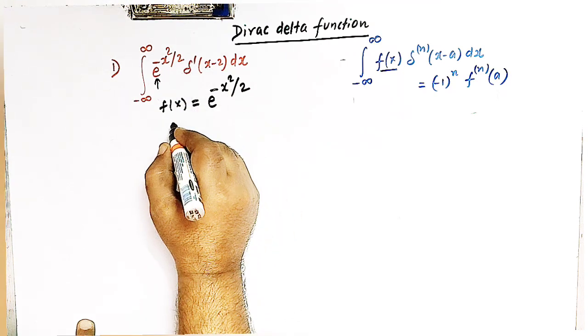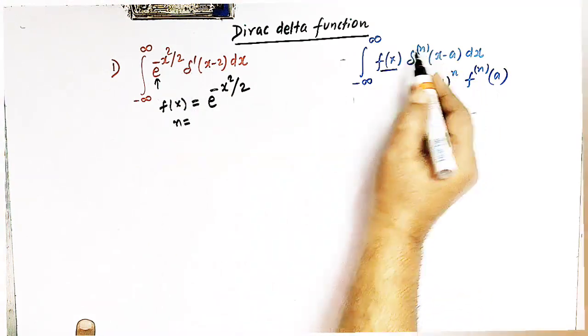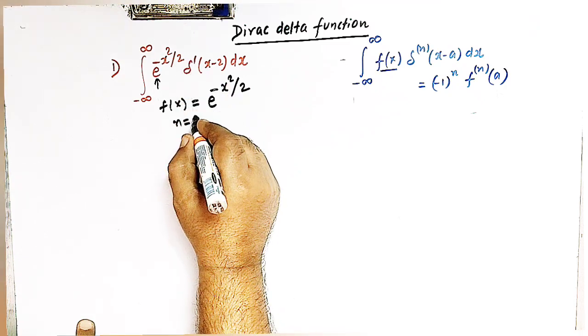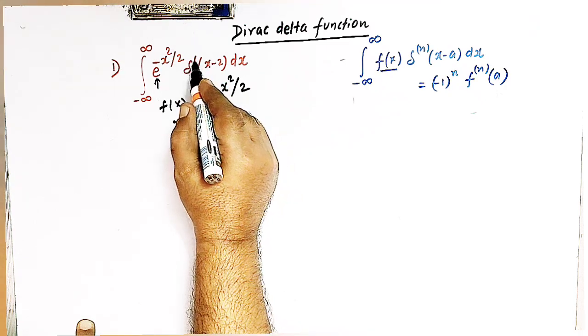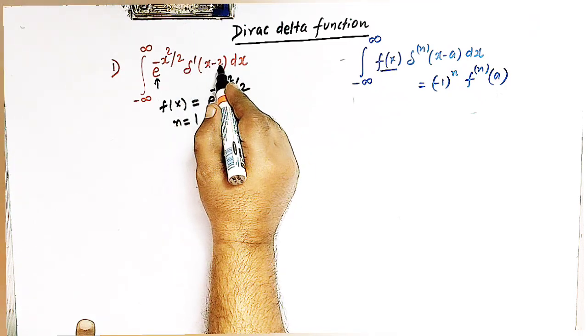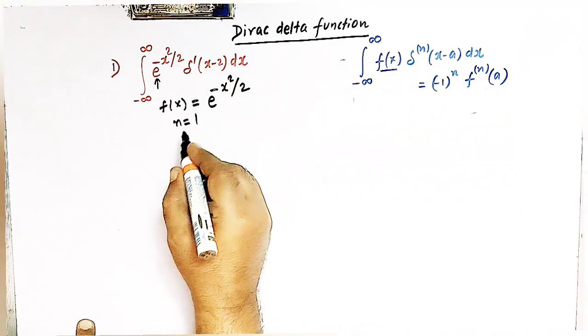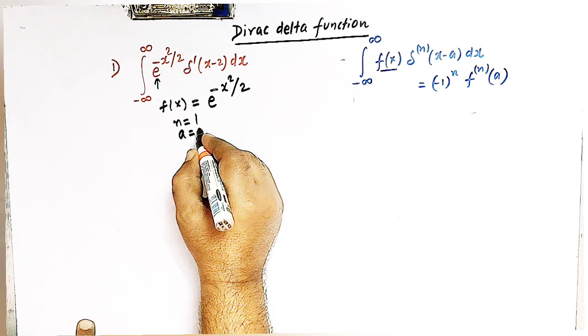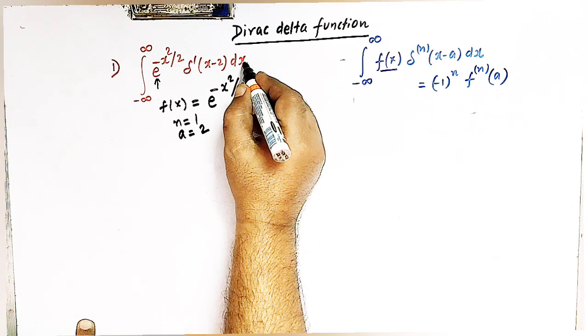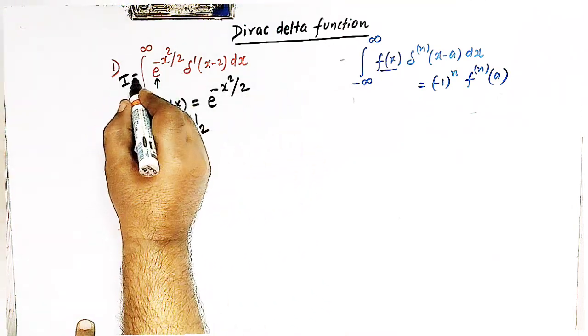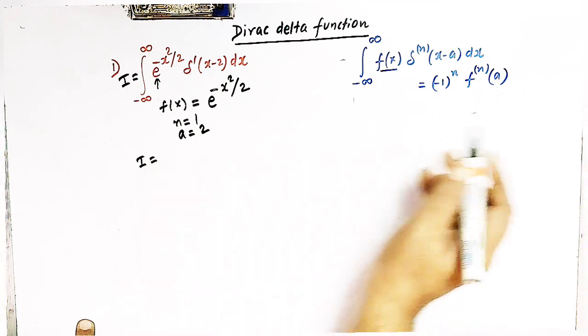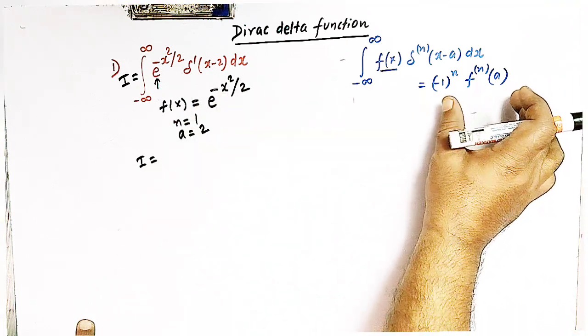So here the value of n is equal to 1. And here we have x minus 2, and here we have x minus a, so the value of a is equal to 2. So now the value of this integral can be equal to this expression.